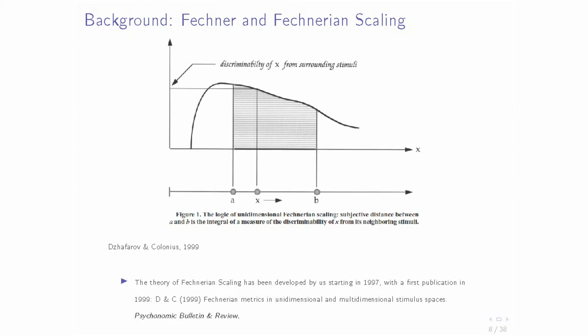You see here the intensity scale, and this is the y-axis of the discriminability of stimulus level x locally at this point. And the idea then of this additive cumulation of sensitivities is simply to take the integral from a to b across this function of sensitivity.